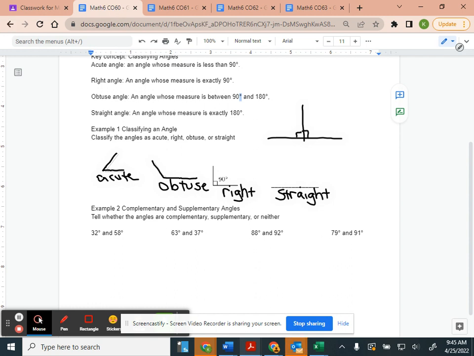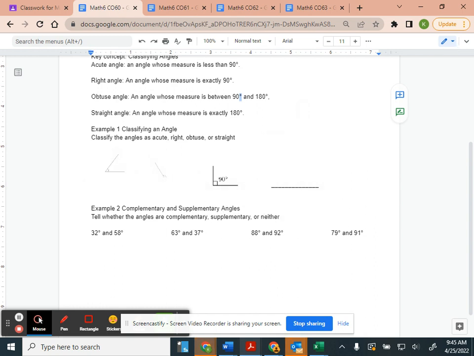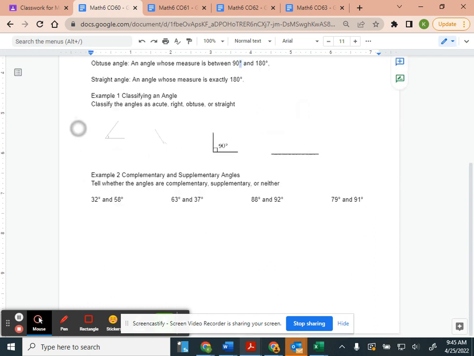All right. So we feel good about classifying our angles? Yes. Okay. So now we're going to look at our complementary and supplementary angles. If it's complementary, how many degrees do they equal?